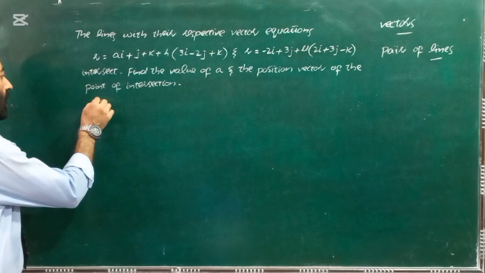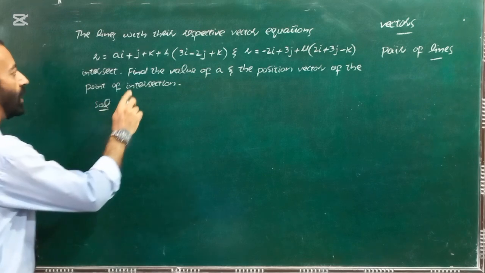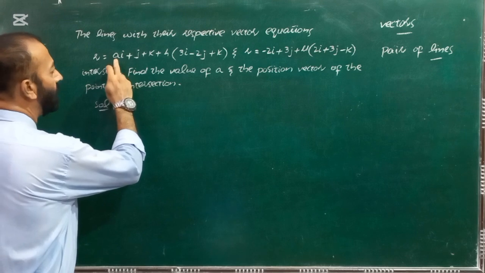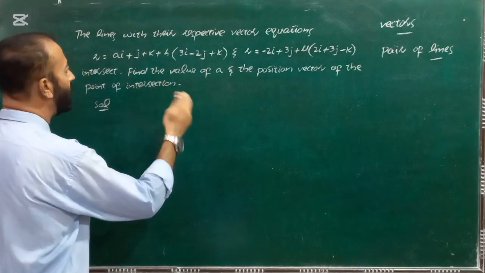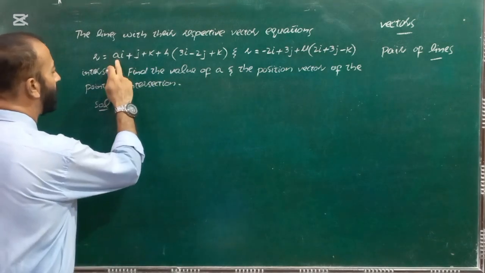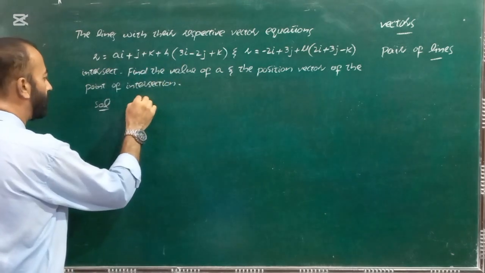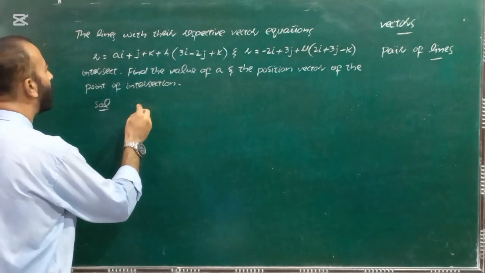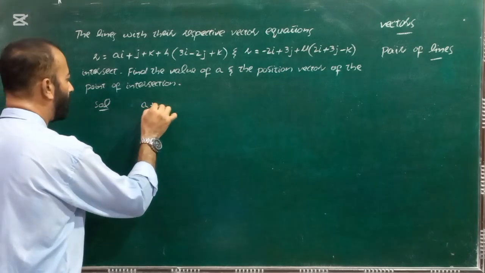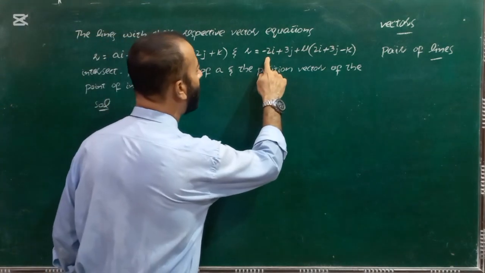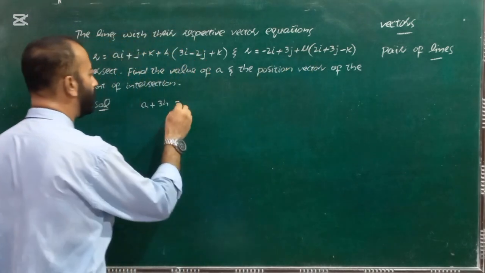So again we will equate the position vectors of the two lines. It is given that the two lines intersect anyway. So a plus 3 lambda will be equal to minus 2 plus 2 mu.